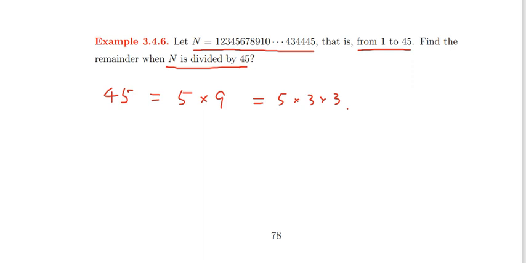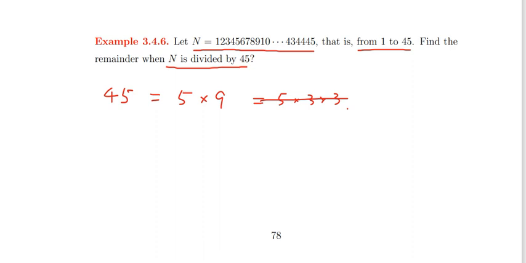But here we don't need it. We could check this number divided by 5, divided by 3, divided by 3, but here we prefer this. We just check it divided by 5 and divided by 9. Then we can find the remainder divided by 45, right?